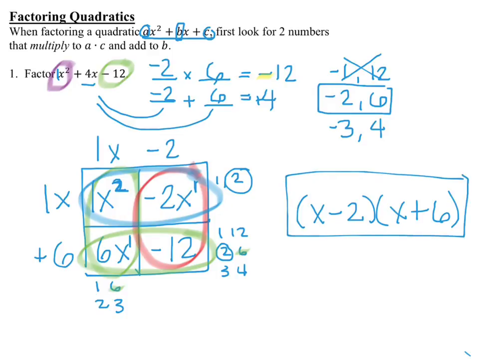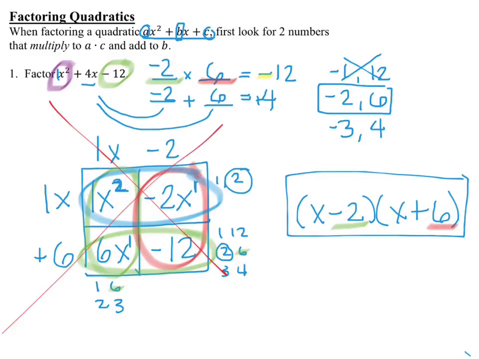One thing we can notice on here is that this negative 2 and this negative 2 are the same. This 6 and this 6 are the same. So because the number in front of the x squared is a 1, I could have completely skipped everything that we just did right here with a box.